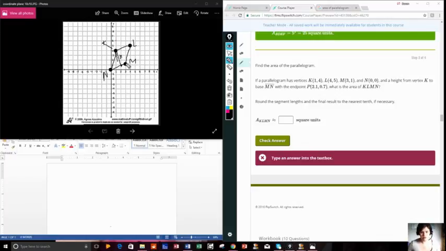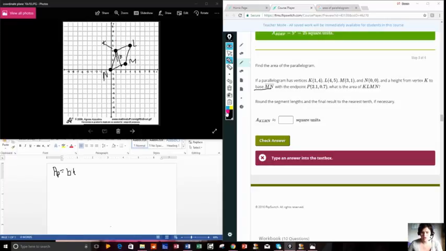Okay, and that's useful because our parallelogram area formula, area of a parallelogram, is equal to base times height. So we have to calculate a base, and it indicates it, MN, so there's our base, and our height. So we have two calculations to make.